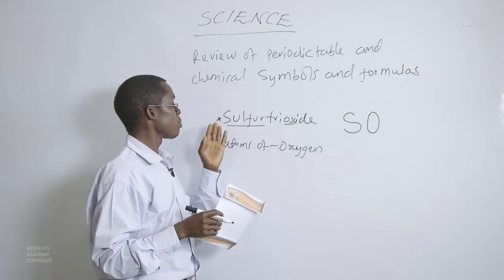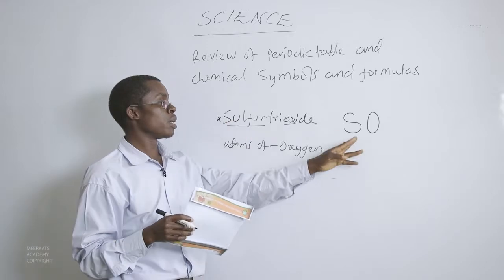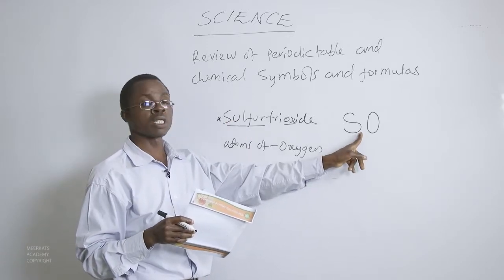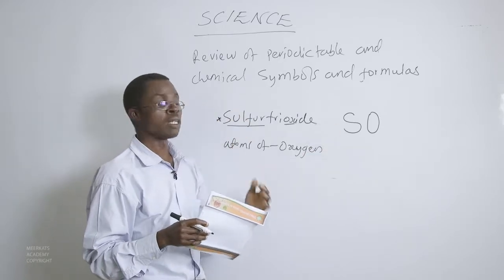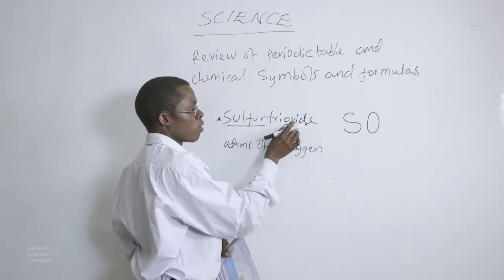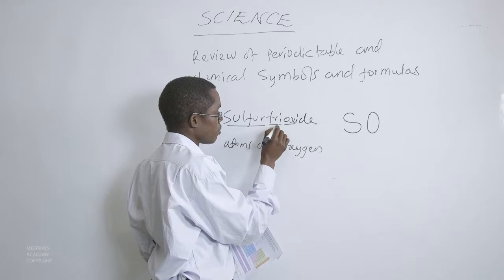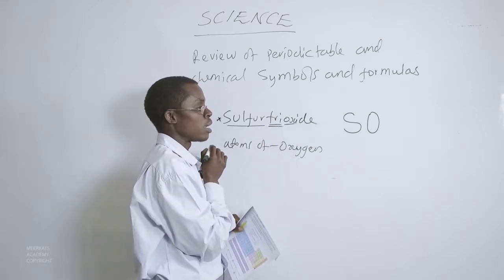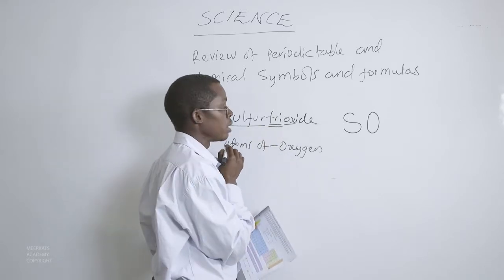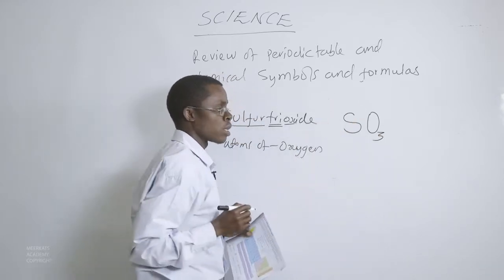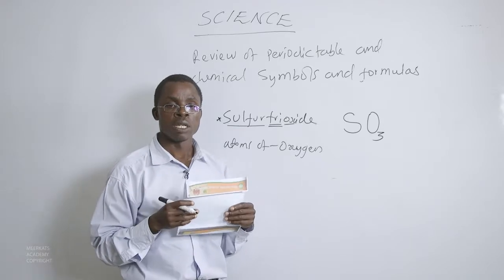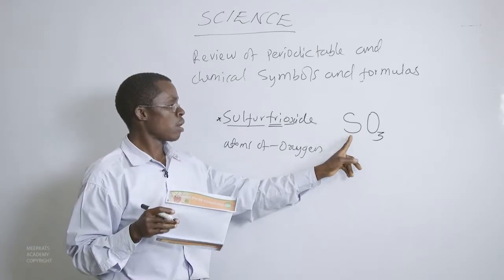If we were having something like di, then we would put here a 2, tri, 3, penta, or deca 10. For oxygen, we have something here. Tri. Tri means 3. So 3 of oxygen. As you can see in the name, sulfur trioxide.